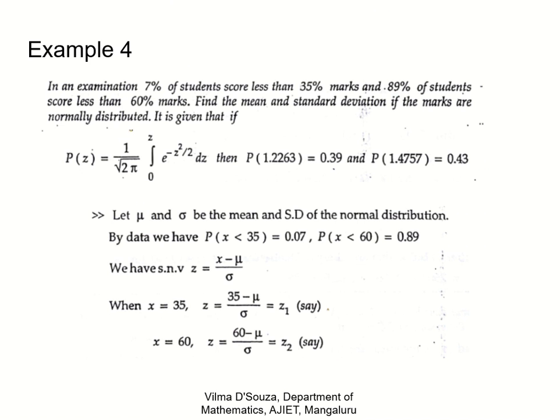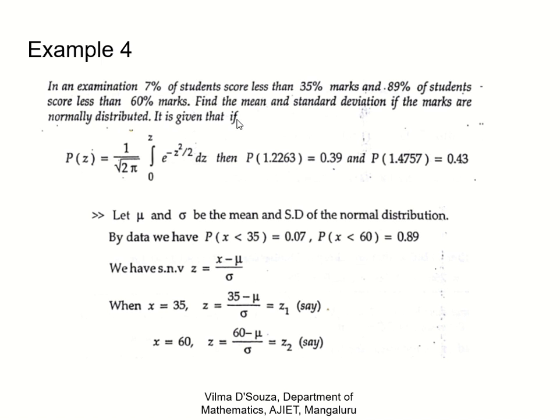So we'll consider one more problem. In an examination, 7% of the students score less than 35% marks and 89% of students score less than 60% of marks. Find the mean and standard deviation if the marks are normally distributed.